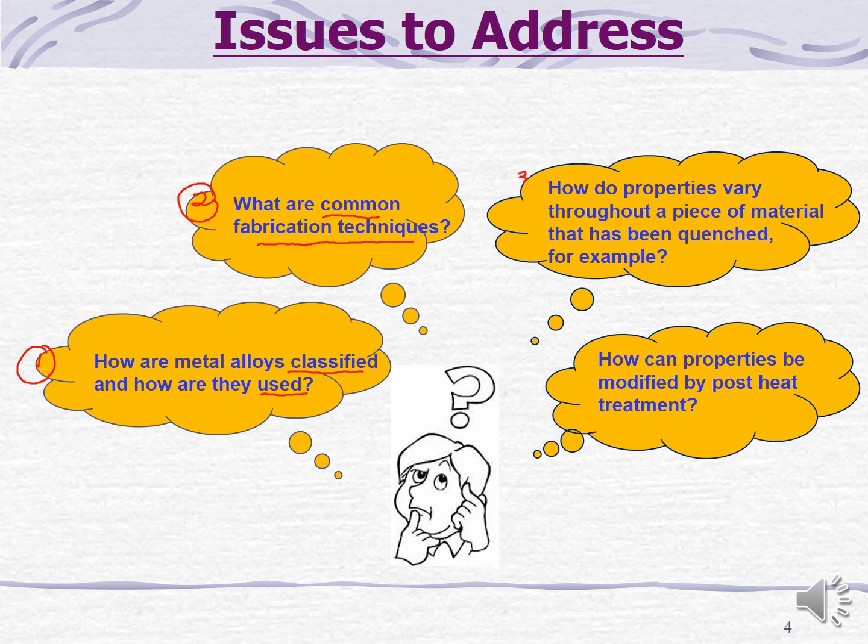And how do properties vary throughout a piece of material that had been quenched, for example? And the last question is, how can properties of the alloy be modified by post-heat treatment process?